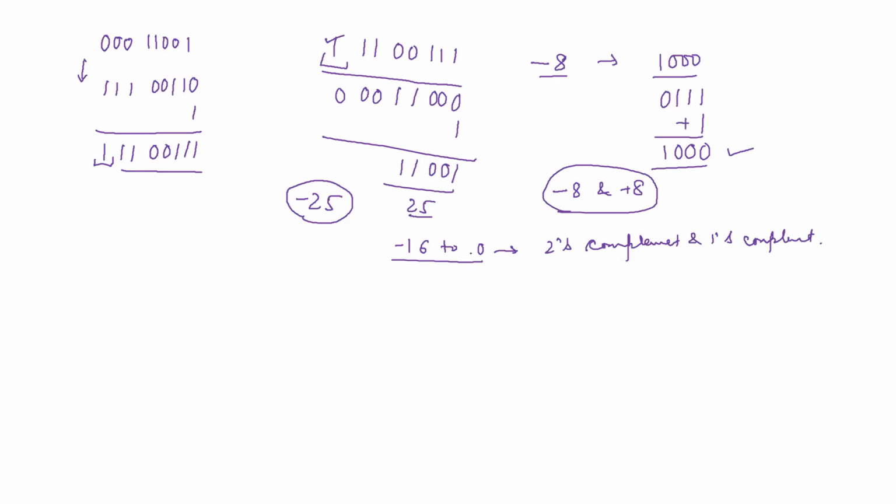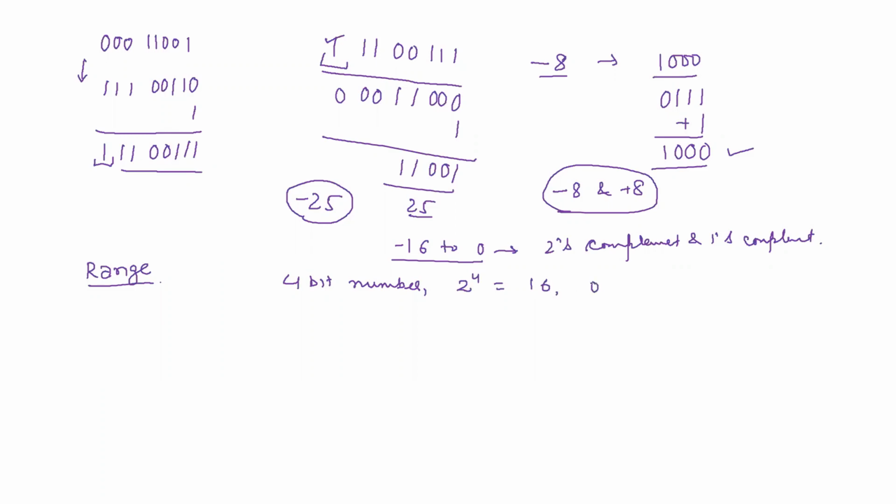Now, while we have done this exercise, there is something called range. So what's that? That's important. Normally, if you have a 4-bit number and I ask how many numbers there are, you can say 2 raised to power 4, so 16 numbers.